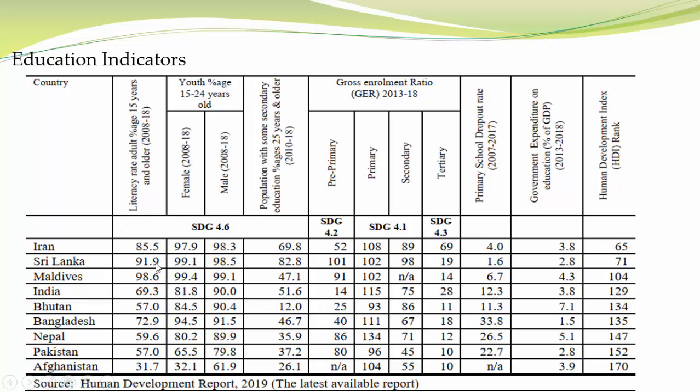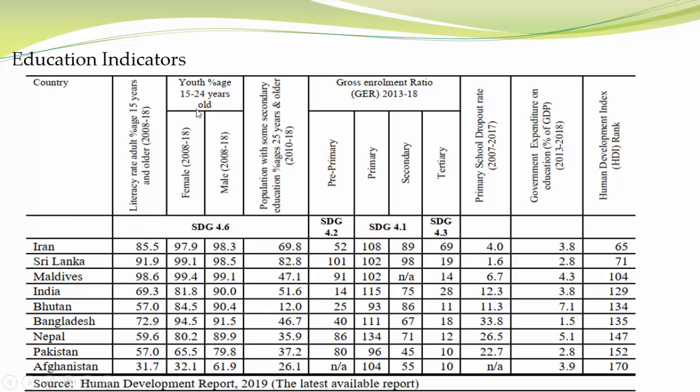In Sri Lanka, it is 91%, Maldives 98%, India 69%, and Pakistan 57% for both sexes, about 70% for males and less than 50% for females. The aggregate is 57%, which is very low, just after Afghanistan in the region.